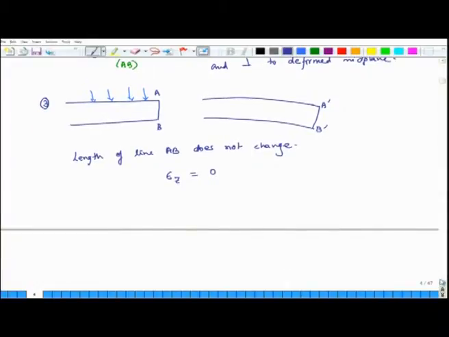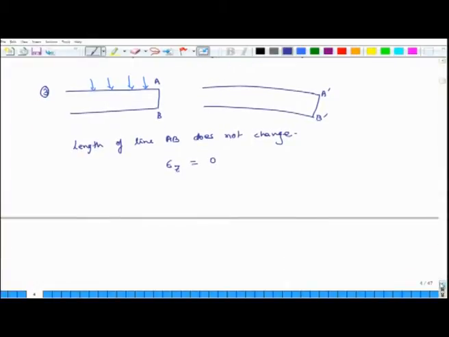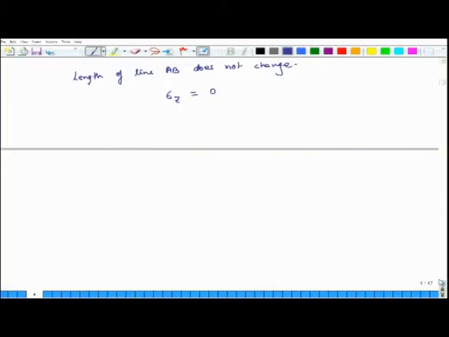Okay. And based on these assumptions, now what we will do is we will develop a relation for strains in such a plate. So, we will develop strain displacement relations in a laminate.